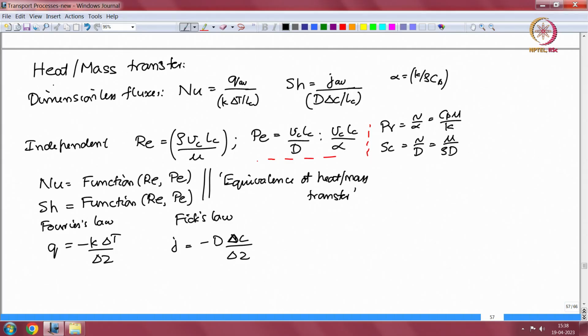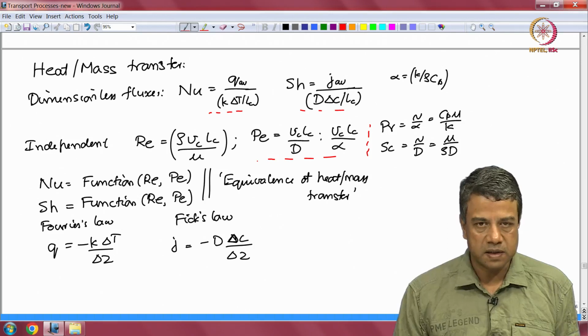In this case, the dependent parameters are the dimensionless fluxes, the Nusselt number and the Sherwood number, and the independent dimensionless groups are the ratio of mass or heat convection and diffusion, that is the Peclet number, and the momentum convection and diffusion, that is the Reynolds number.